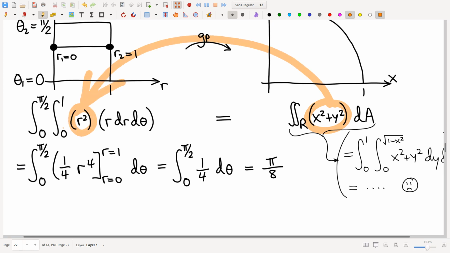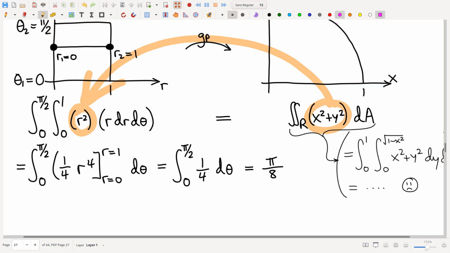Luckily, that's a freebie. Normally, we would expect to have to plug in the formula x equals r cosine theta, y equals r sine theta. And you can do that if you like, and you will get r squared, but you can also just remember that one of our standard formulas is x squared plus y squared is r squared. So that's the plugging in.